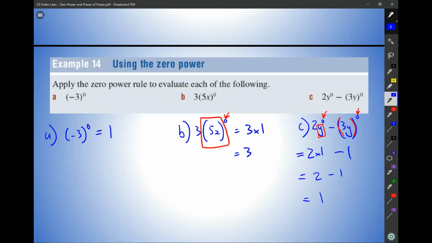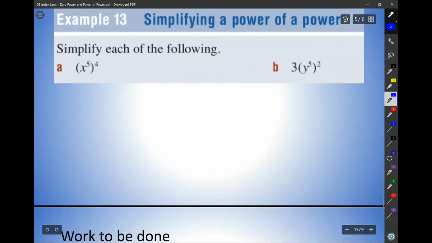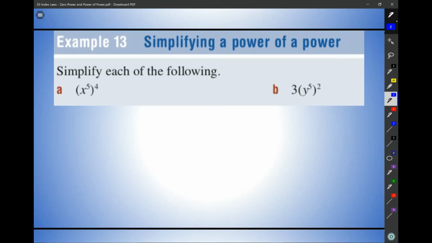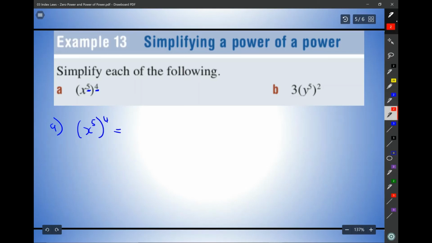Okay, the other thing we want to look at today is what happens when you have a power raised to a power. And what happens here is we just take these two powers and multiply them together.